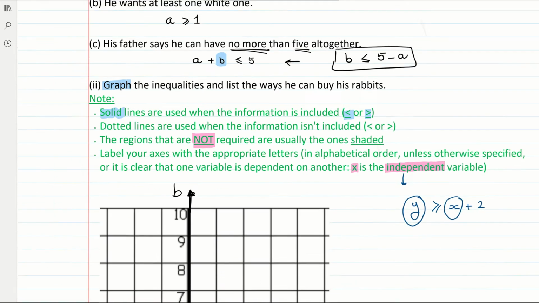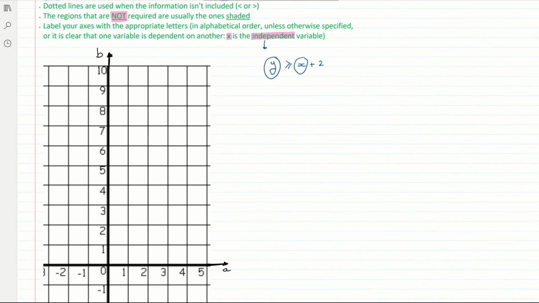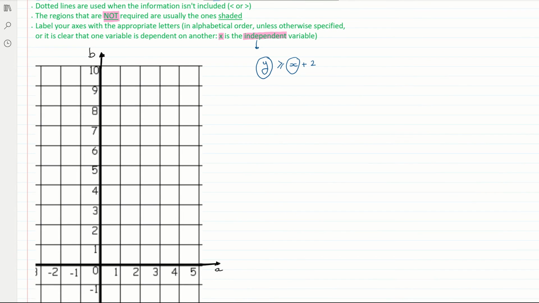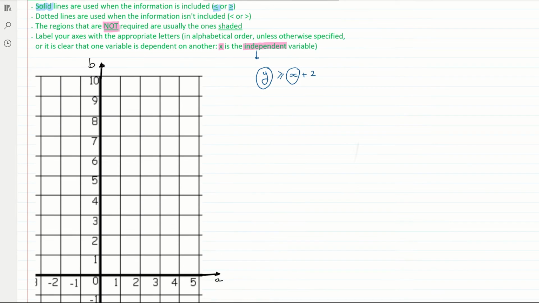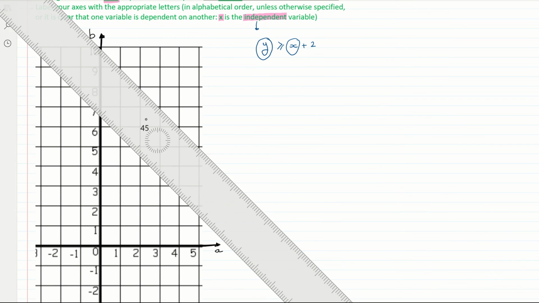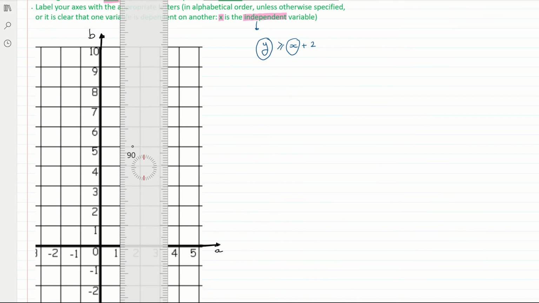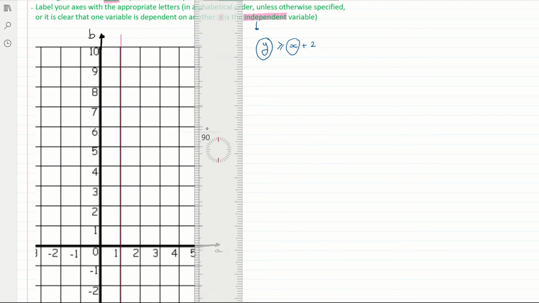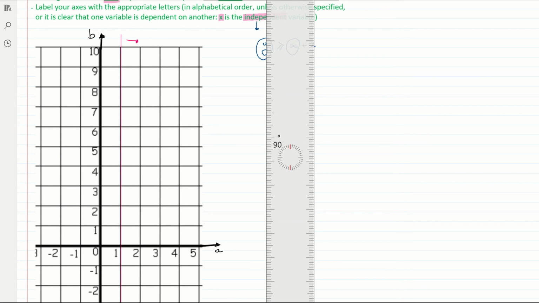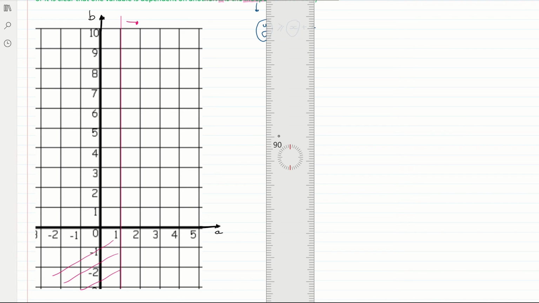So firstly, I've got the A is 1. So we get our ruler and we put a line there. Okay. And it says A is bigger than or equal to 1, which means this area is what we want. So I'm going to shade the area smaller than 1, which is the area I don't want.